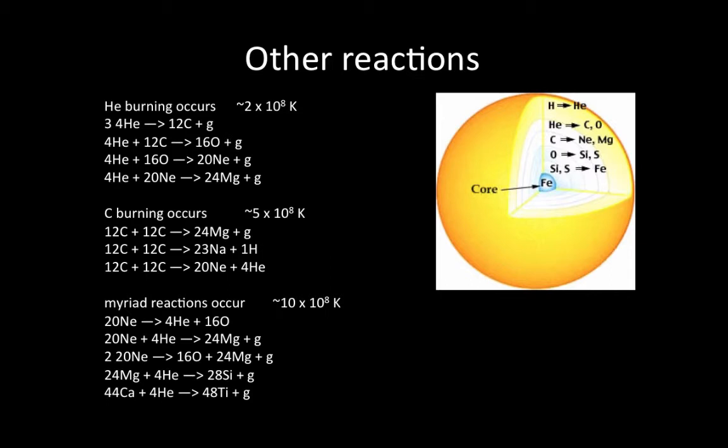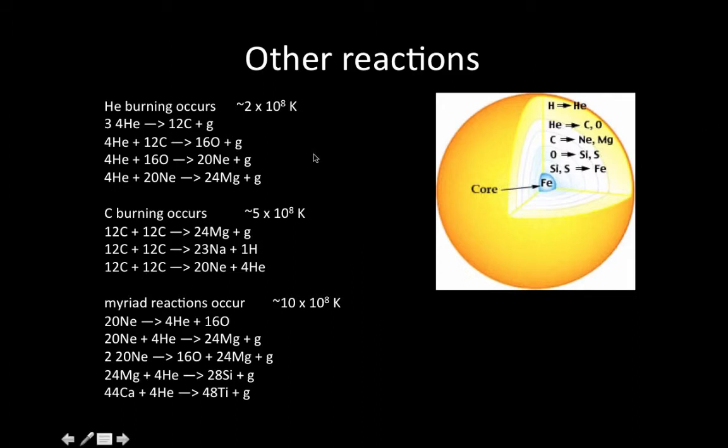Another reaction is carbon burning, which can produce magnesium, sodium, or neon, and also a myriad of other reactions that can occur to form helium, magnesium, oxygen, silicon, titanium, and many other things.